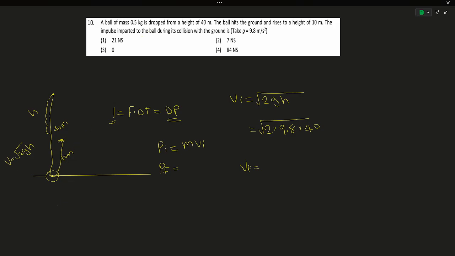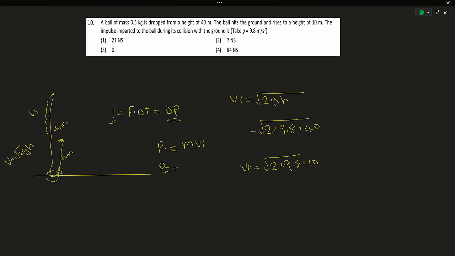We can use s equal to ut plus half at square, or again use v is equal to root 2gh. The velocity upward and the velocity downward will be the same. So Vf is equal to root of 2 into 9.8 into 10.